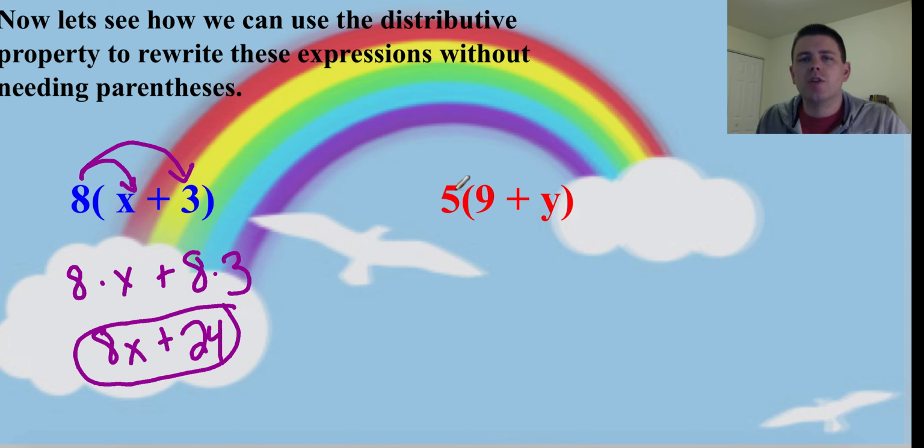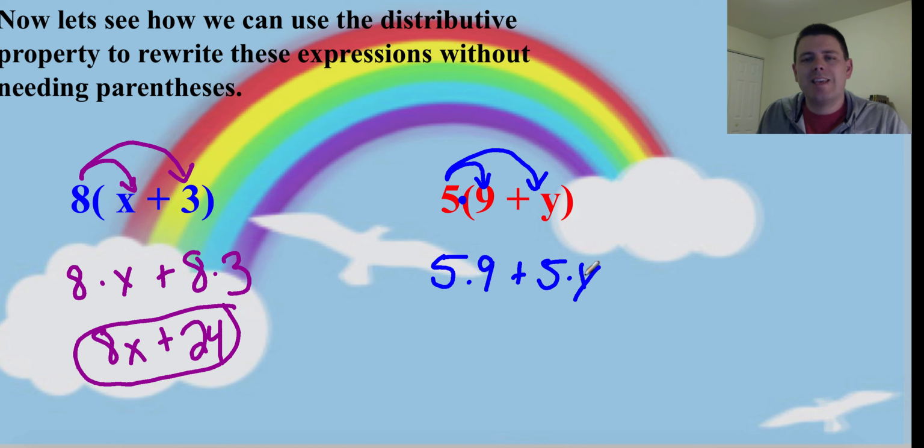So again, we're going to distribute this 5 because it's really being multiplied times what's inside the parentheses. So we're going to do 5 times 9 and 5 times y. 5 times 9 plus 5 times y. The easiest thing to forget in these problems is to forget to multiply the 5 times the second number.